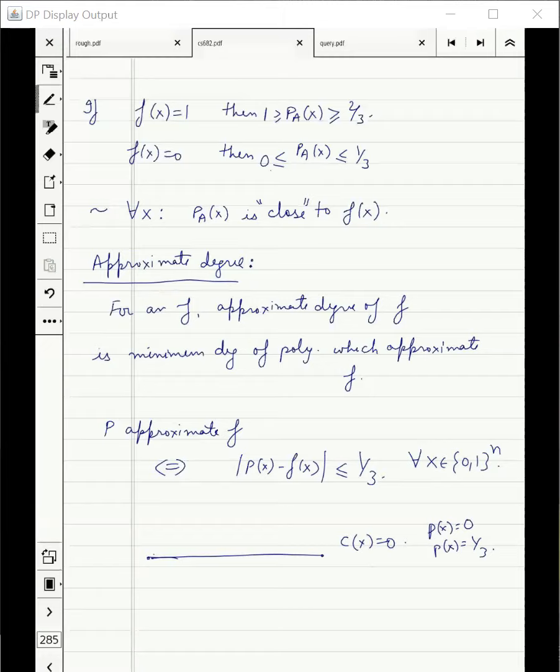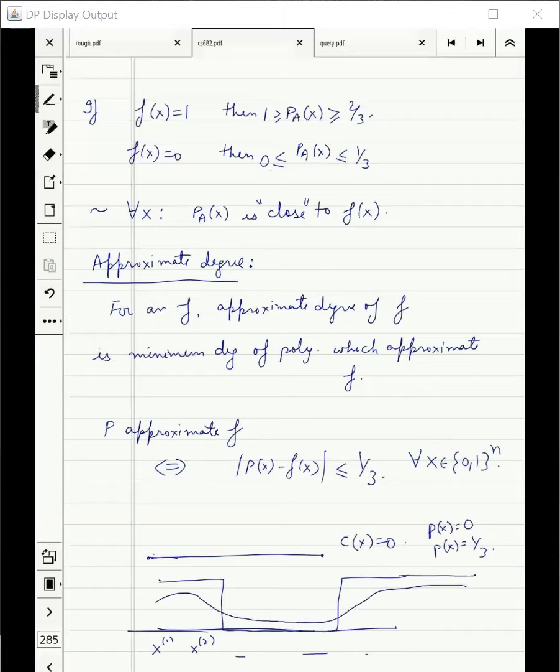In general, if your polynomial has values 1, then 0, then 1 or something like that, let's say these are different inputs, then my polynomial, remember the polynomial will be differentiable and all, so it should look something like this.